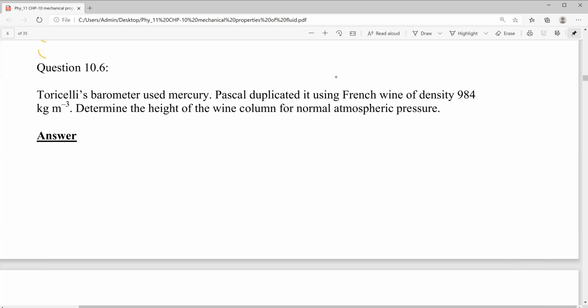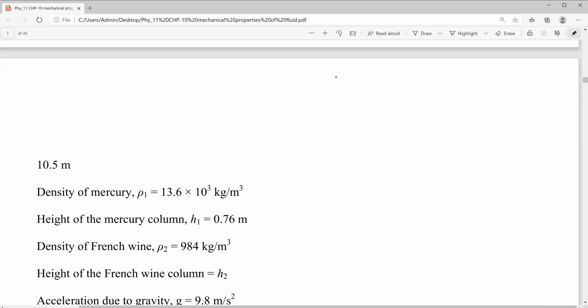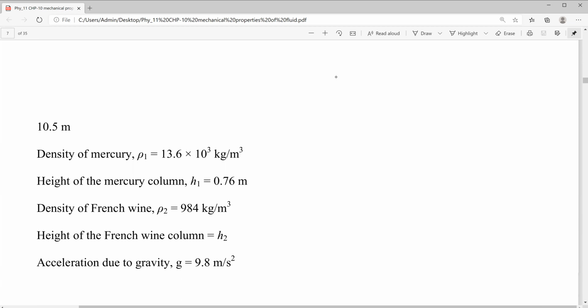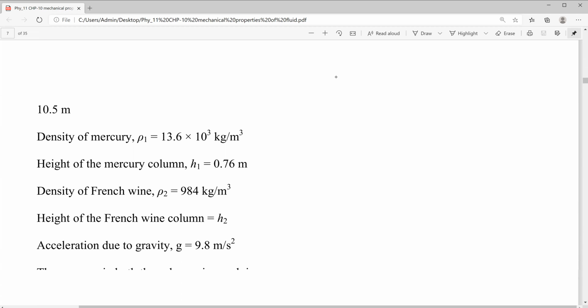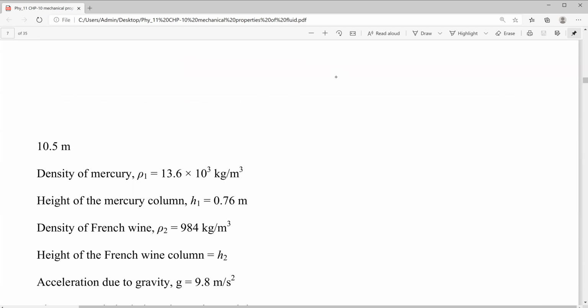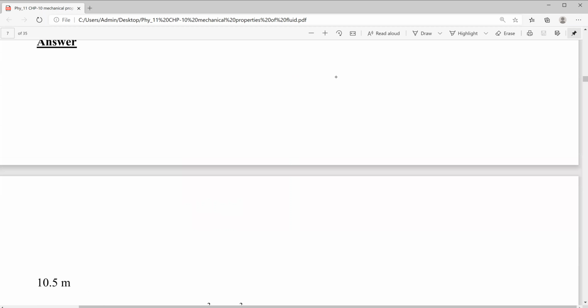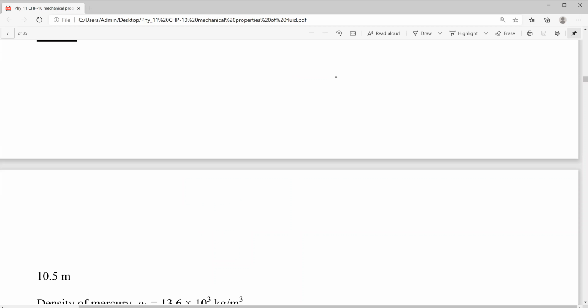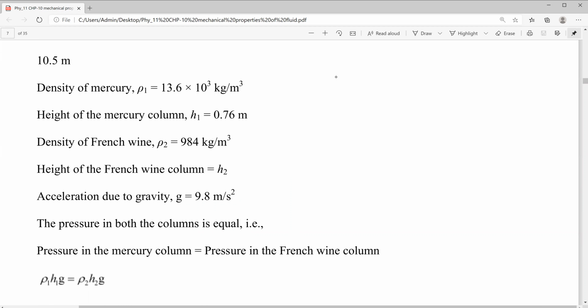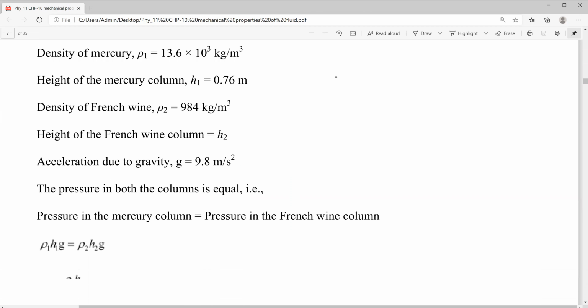So how are we going to calculate this one? First, try to write the given things. So they have given the density of mercury.